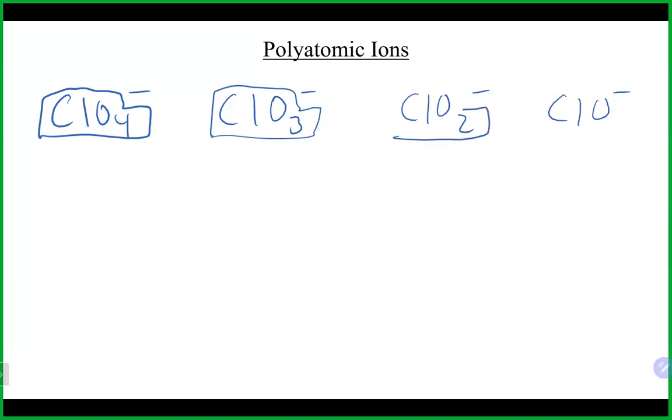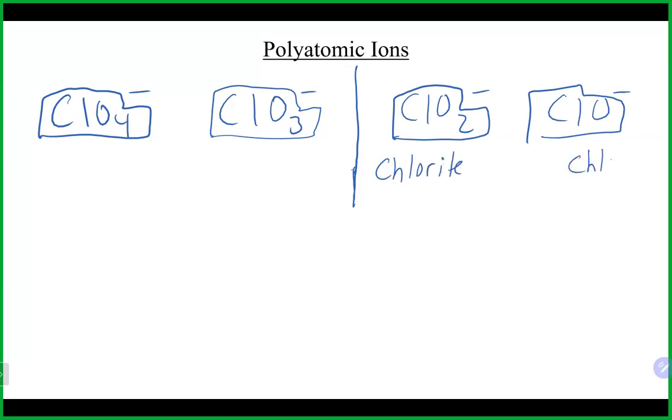Every single one of these is sharing electrons. So this is a group of 4 that are related to each other. If I break that group of 4 right about here, everybody to the right has the least number of oxygens. Because they have the least number of oxygens, they should end in ate or ite. Least is ite, yeah? So this would be chlorite. This guy would be chlorite.